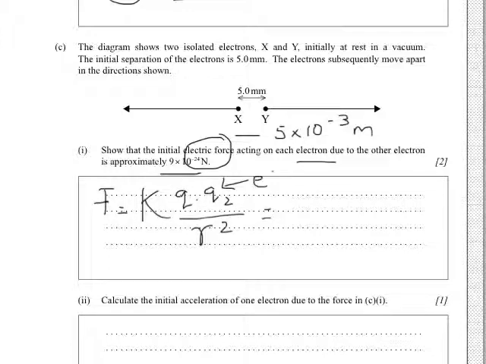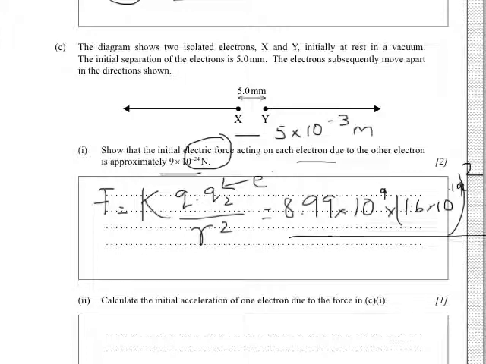So we have 8.99, the Coulomb constant, times 10 to the 9, times 1.6 times 10 to the minus 19, but squared, because we have two of them. We have that one and that one. Okay?